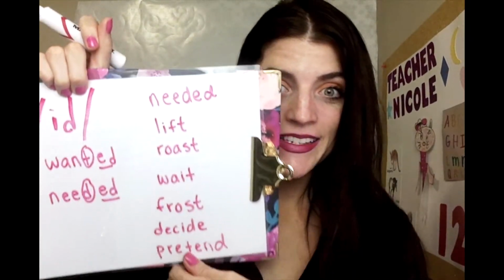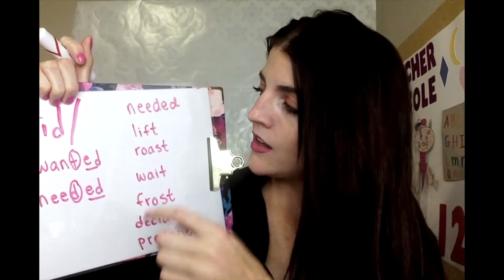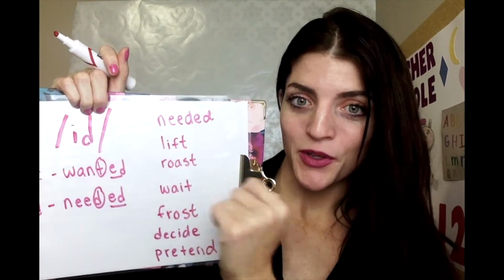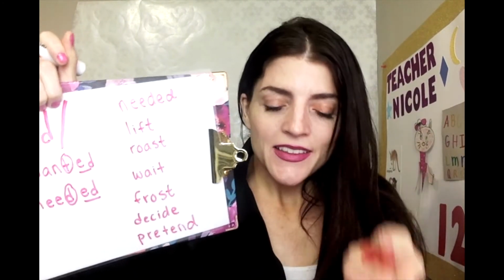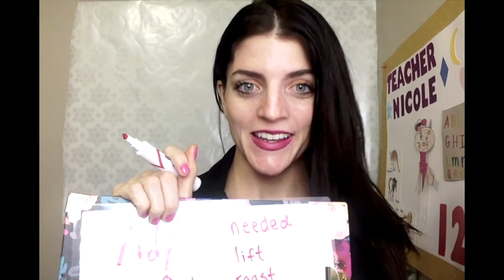The verb ends in a T. So, to lift in the past simple would be lifted. I lifted the book off the table. He lifted the book off the table. We lifted the book, a very heavy book, off the table.